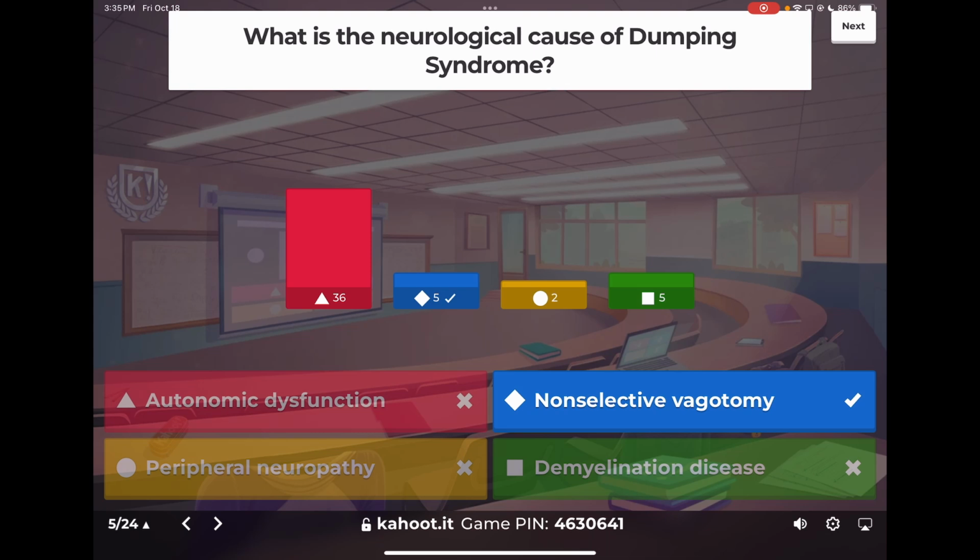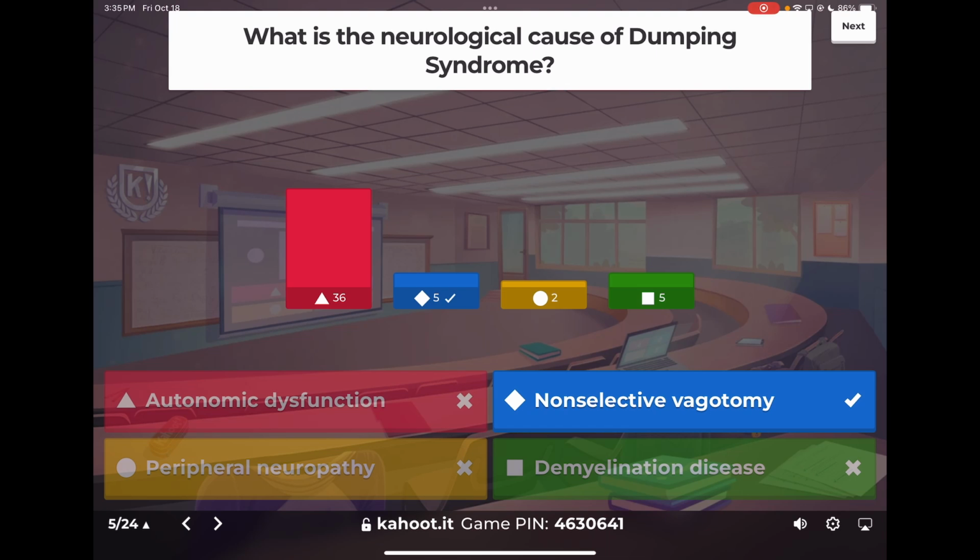Autonomic dysfunction. That causes the opposite of dumping syndrome, which is what? No. Dumping syndrome, guys, remember, dumping syndrome is not what you think. It's coming from the stomach, not the other way. Dumping is from the stomach, motility is too fast. You dump it all out into the small intestine.